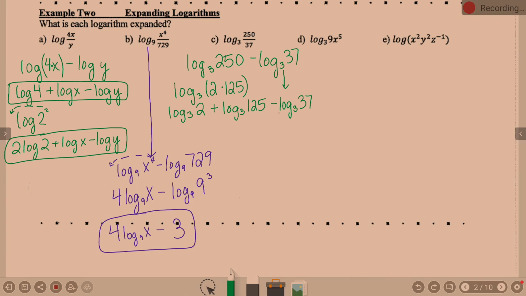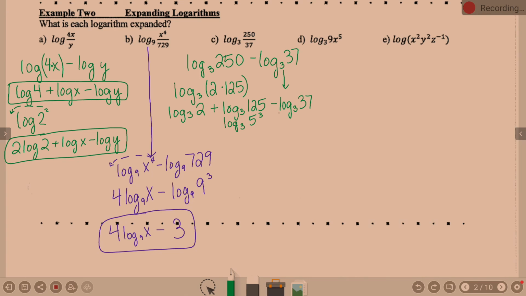We picked 125 because it's on that gold paper. What is 125 on your gold paper? 5 to the third. So I can rewrite that one as 5 to the third. Only somewhat helpful here, because did my base 3 end up matching the base of the problem?